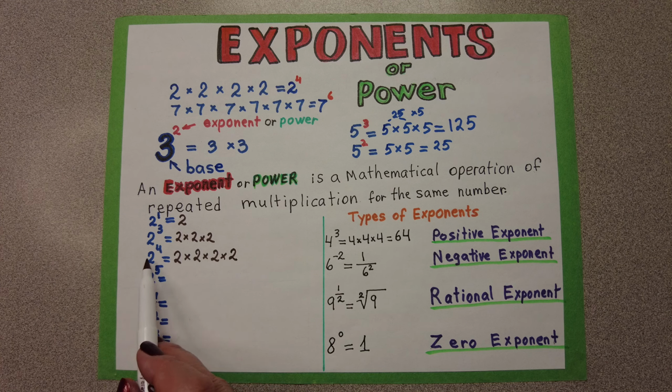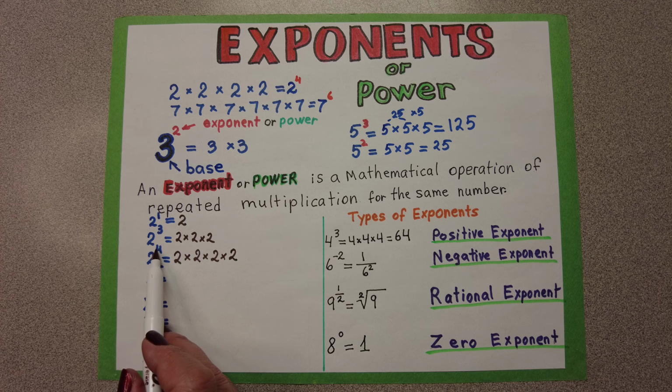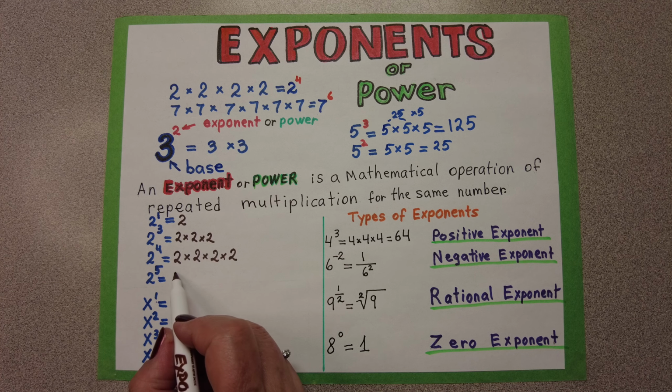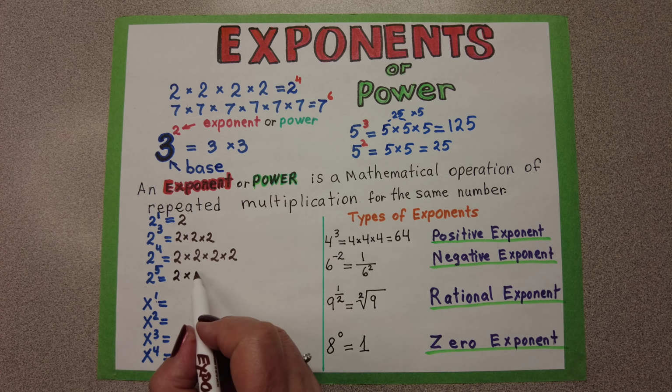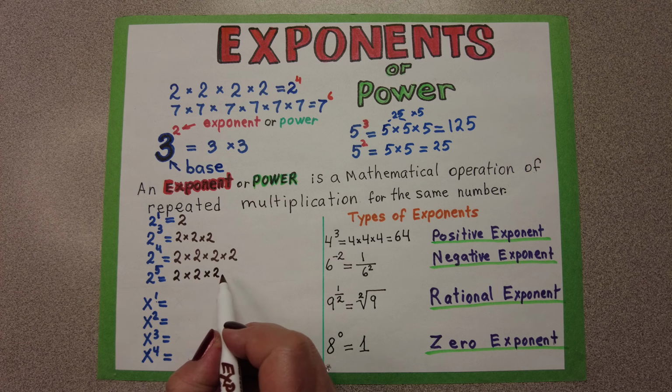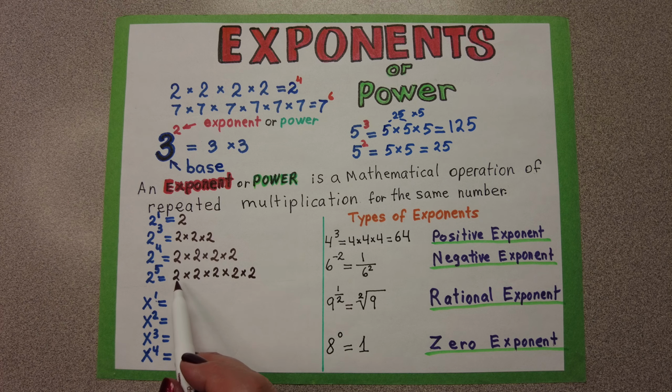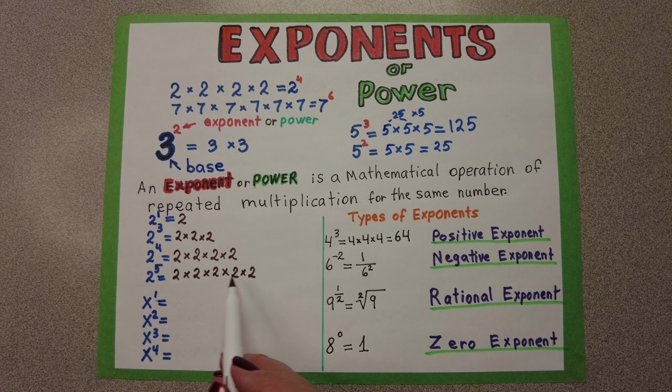This is equal to 2 to the power of 4, because 4 times we multiplied the base 2. 2 to the power of 5 is 2 times 2 times 2 times 2, one more time, will be 5. 1, 2, 3, 4, 5.